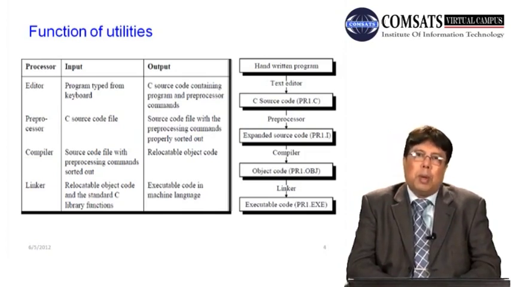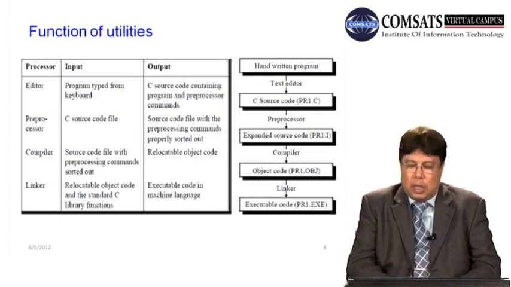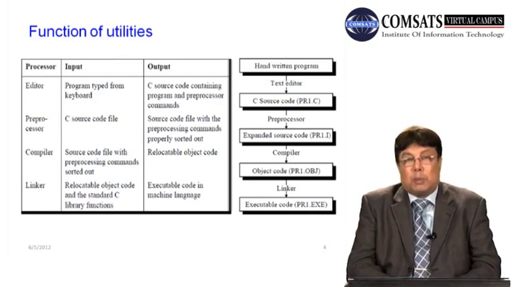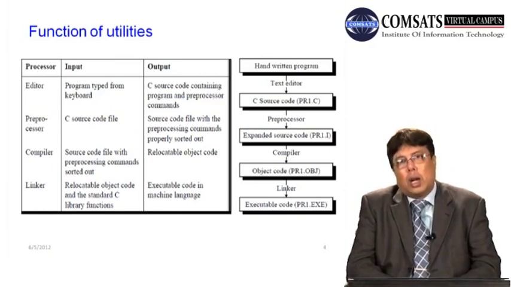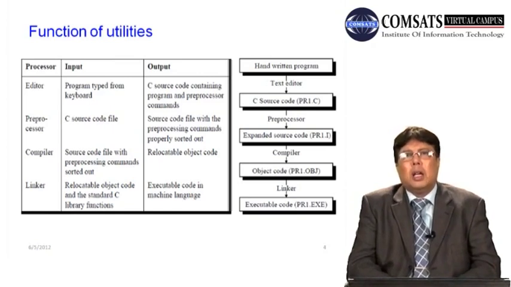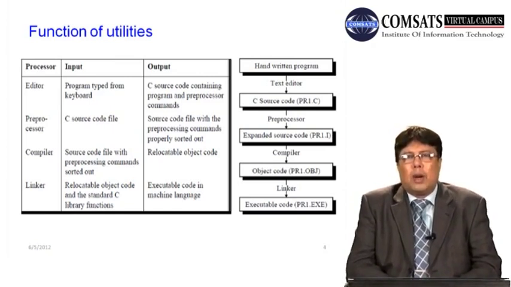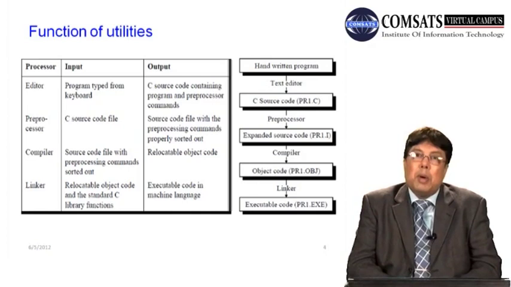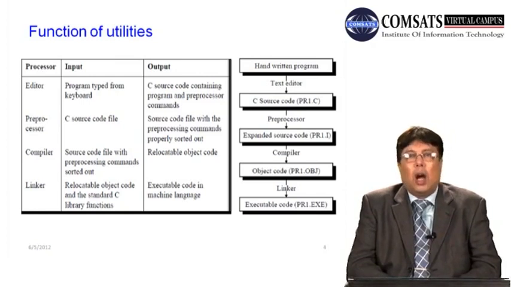The output of the preprocessor utility is expanded source code with the extension .i. This is basically the source code with all the commands you have given to the preprocessor converted and resolved.